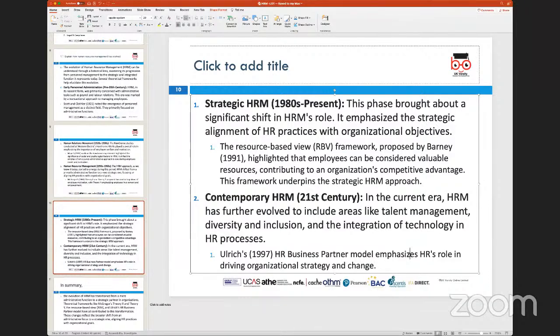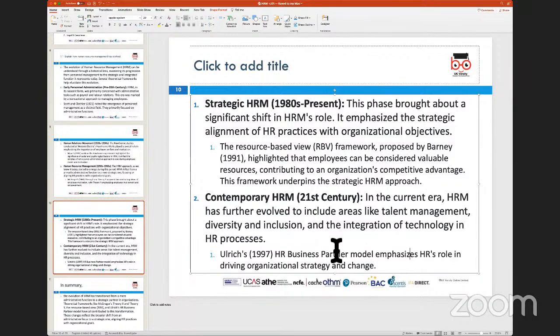This is what he outlined in his model: that the strategic role of HR and HR professionals within an organization can be managed by studying four aspects. I'm going to circulate a handout specifically, which will cover these four roles.